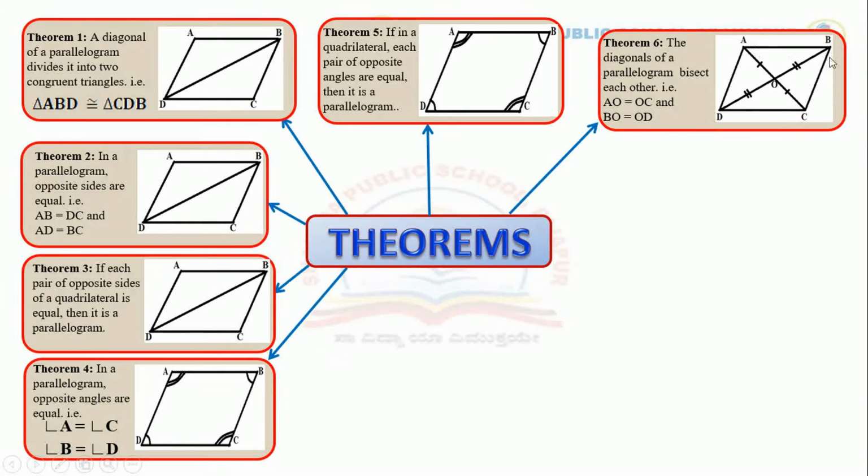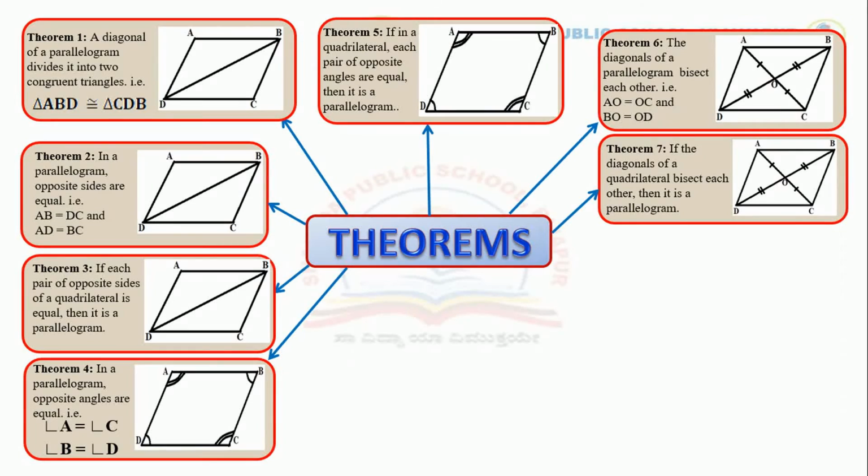In this, AB is equal to DC, angle ABO is equal to angle ODC because these two are alternate interior angles. In the same way, angle BAO is equal to angle OCD. These are also alternate interior angles. Therefore, triangle AOB is congruent to triangle OCD. So, we write the corresponding sides as AO is equal to OC and OB is equal to OD.